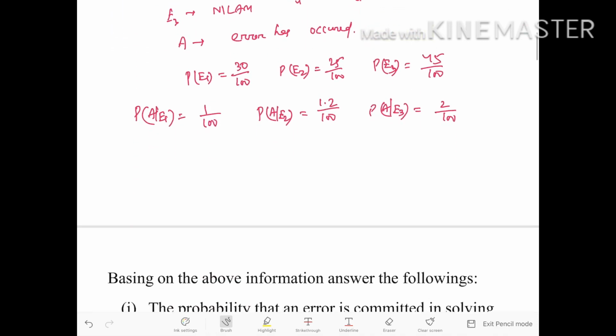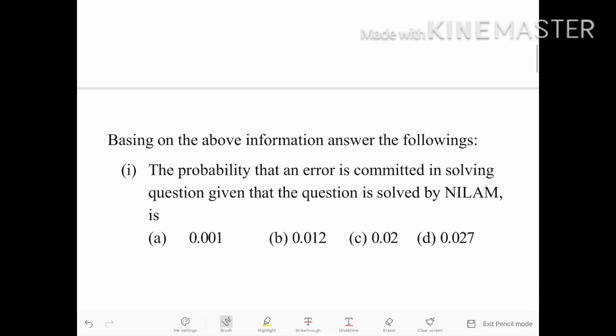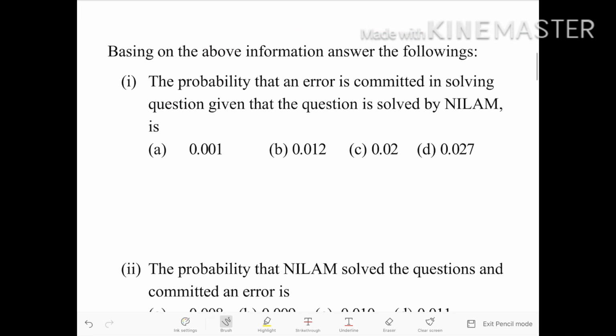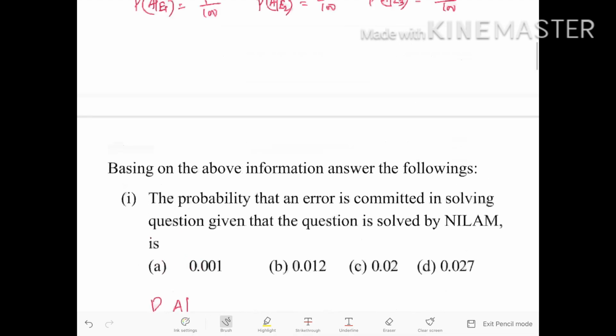So these are the data given in your question. Now let us see what the questions are. Based on the above information, answer the following. The probability that an error is committed in solving a question, given that the question is solved by Neelam, is dash. Error has been committed means we have to find the probability of A given that the question is solved by Neelam.